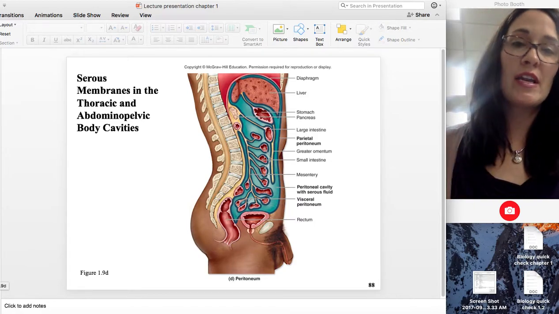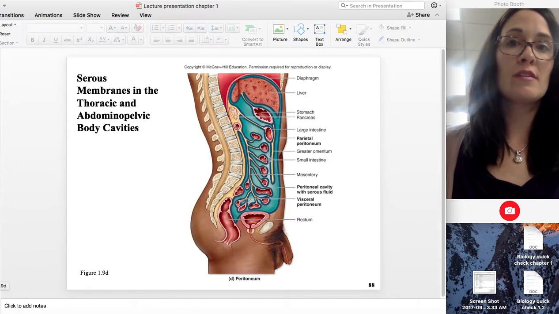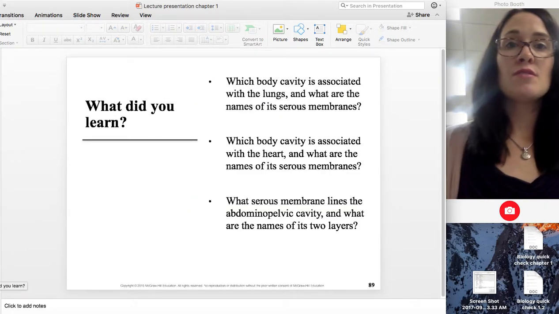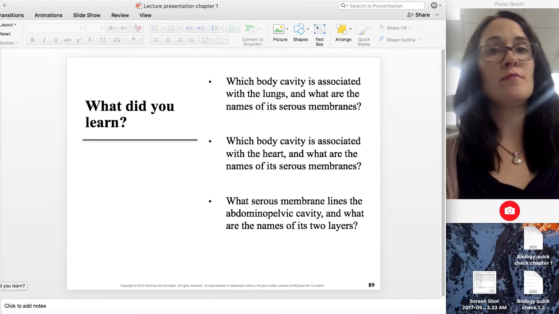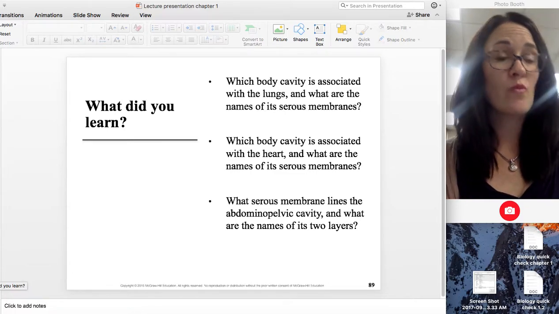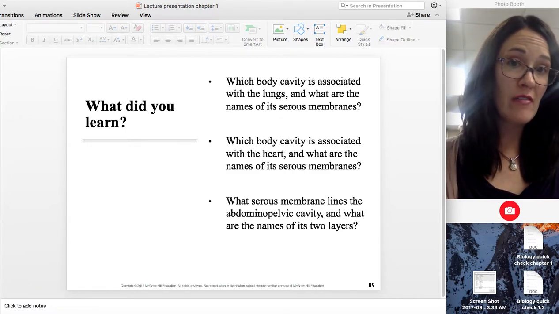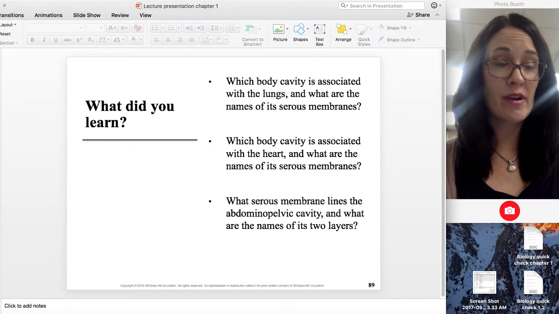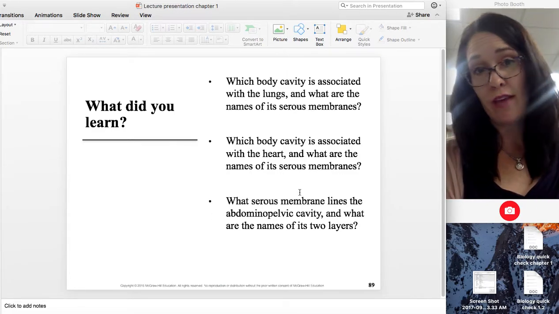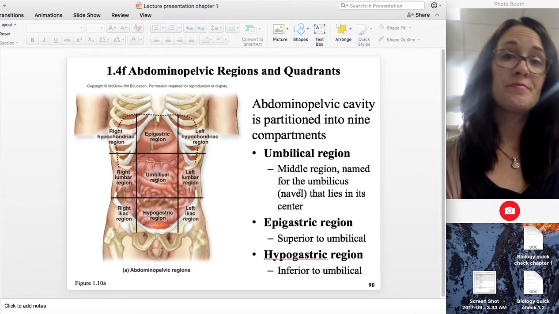And this is another great image to show those different membranes in the abdominal cavity. So you should be able to talk about the different body cavities associated with the lungs and what the membranes are called, serous membranes, what cavity the heart is specifically called and the membranes associated with it, and what serous membrane lines the abdominal pelvic cavity and its two layers.